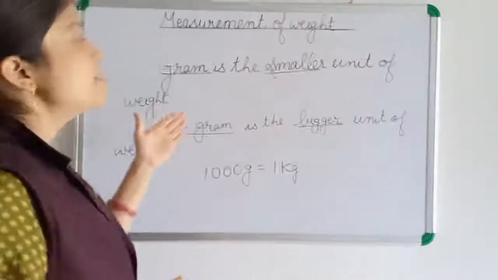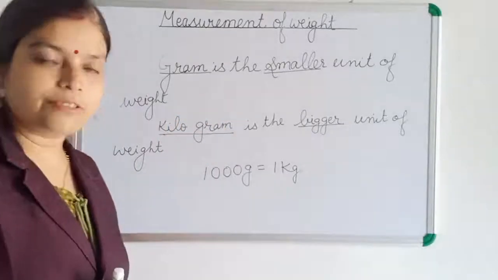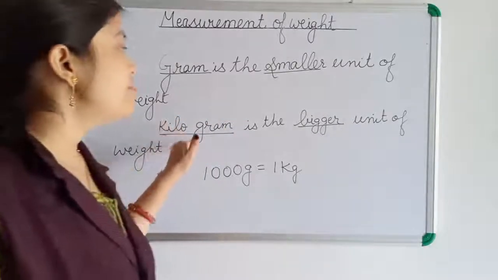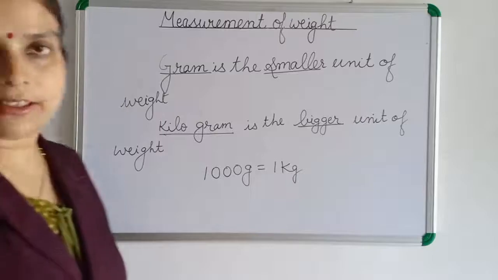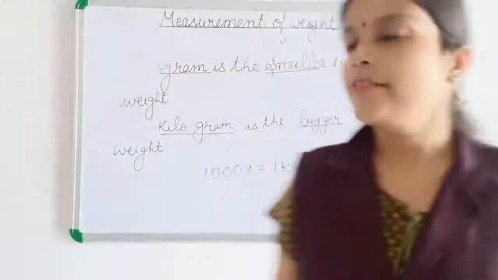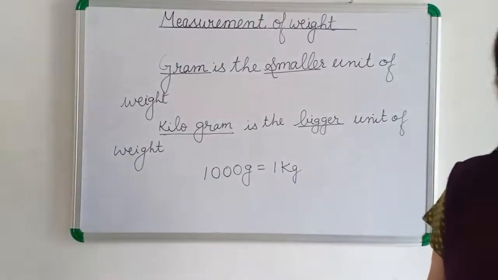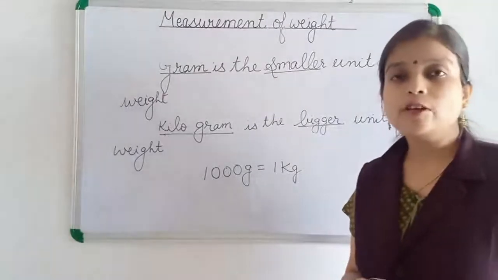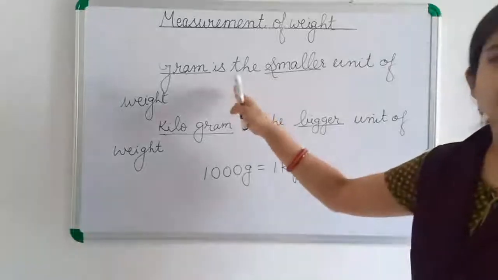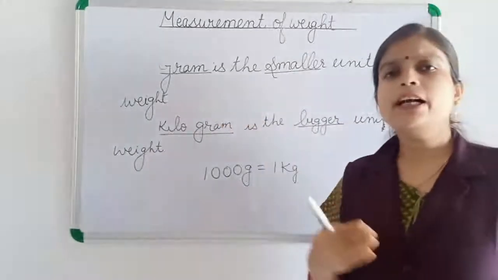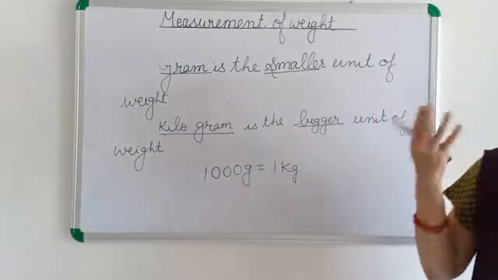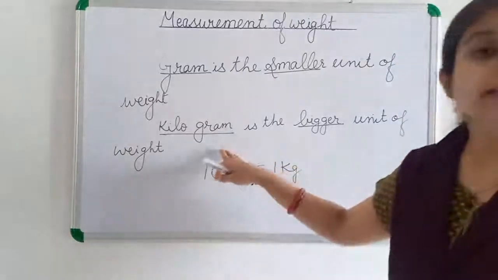Gram is the smaller unit of weight, okay, and kilogram is the bigger unit of weight. Okay children, gram is the smaller unit. So when we have to measure the weight of a lighter object, we use this unit only, gram. And when we have to measure a heavier object, we use this unit, kilogram.